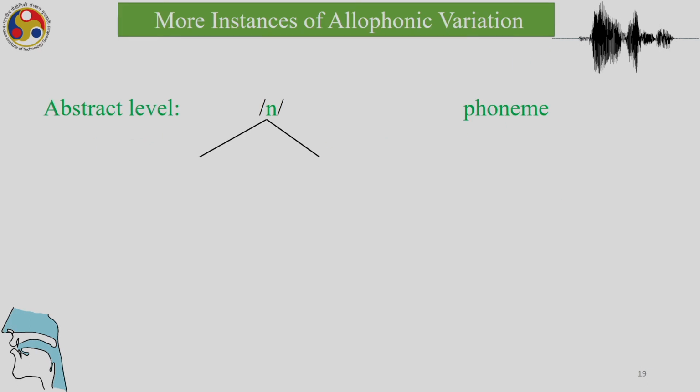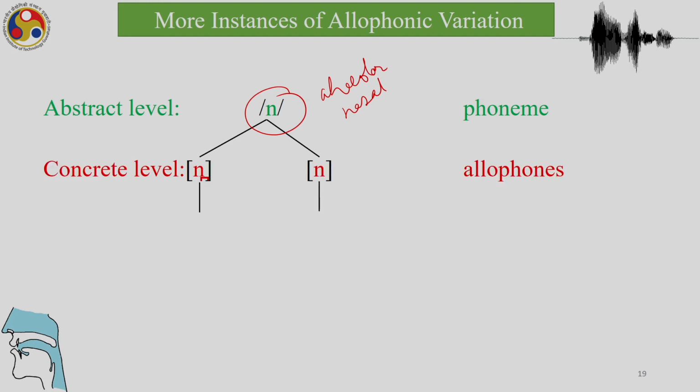So, at the abstract level then, English has only one alveolar nasal, and it has 2 other nasals, labial and velar, but it has only an alveolar nasal. And then at the concrete level, we have now 2 allophones, n and n.